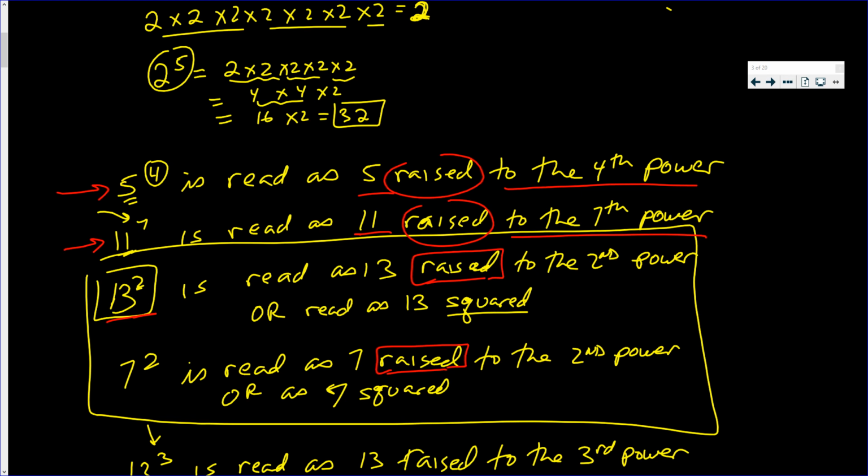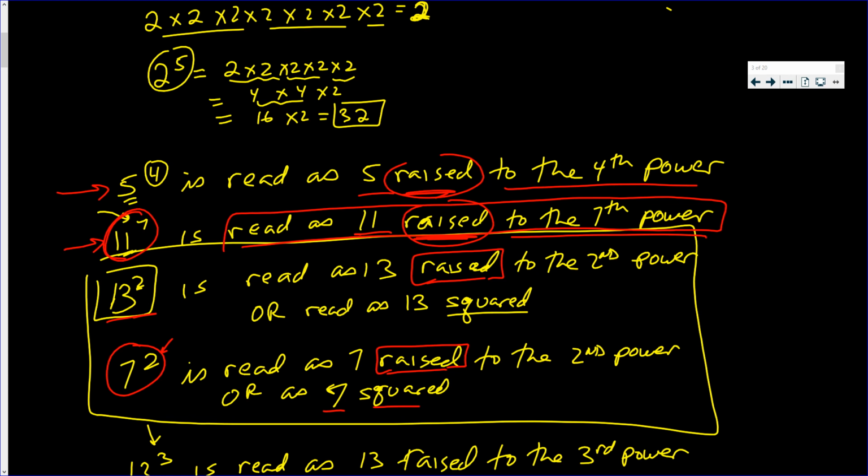You can read this as 7 to the 2nd power, but since it's one of the 2 special powers, it's also 7 squared. You can read this as 11 to the 7th power, and it's up to you whether or not you say the word raised.